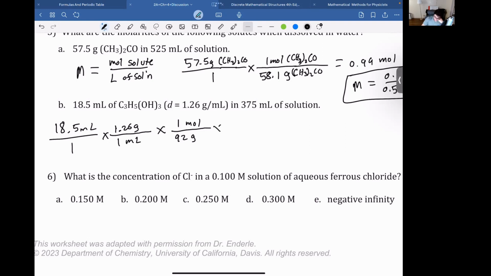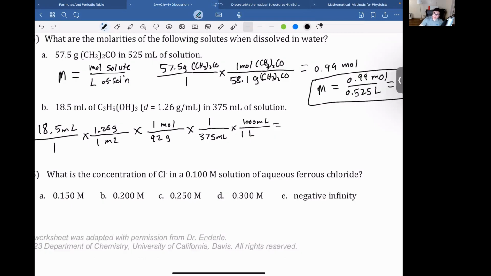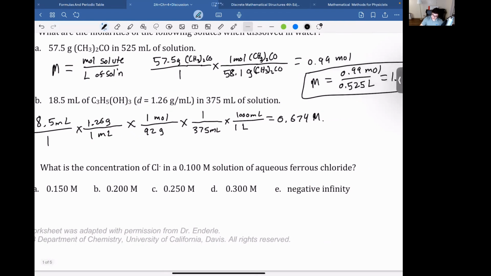And then we want our liters on the bottom, or unit volume. That's not in liters, so we convert. And then we get some answer. 1 sec. It's going to be 0.674 molar. That's it.